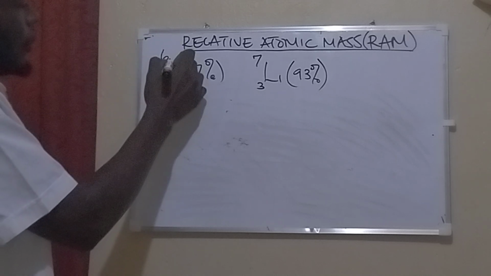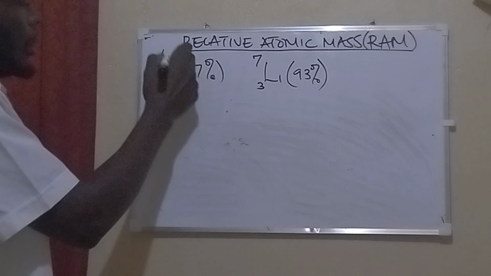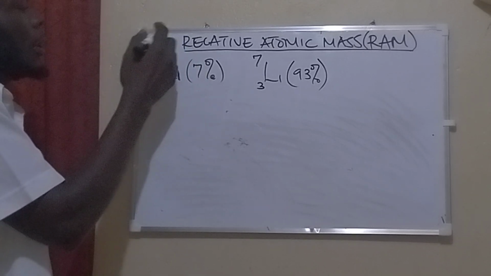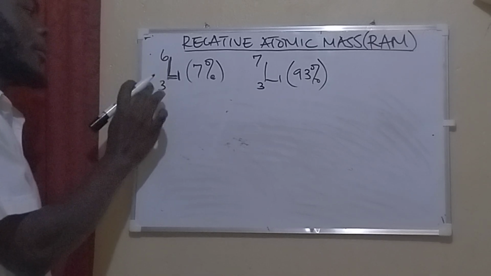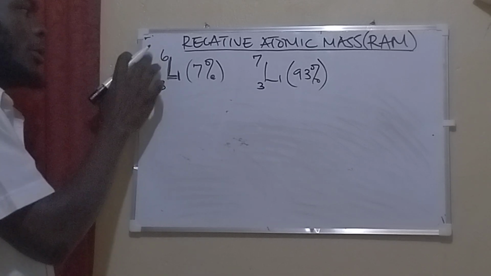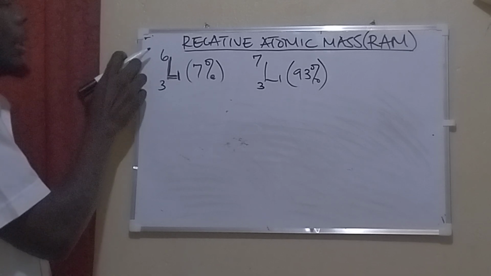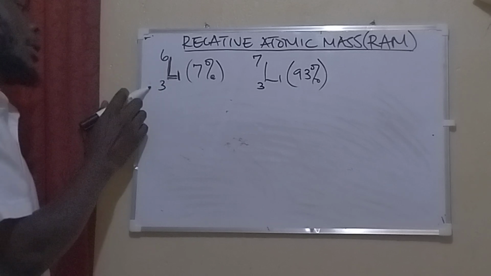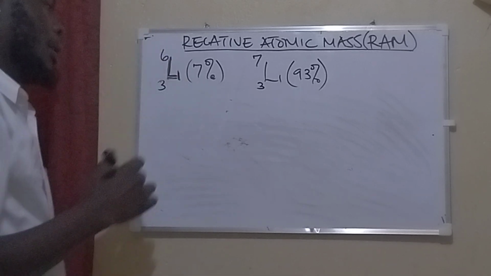So if you have an atom, here we have lithium, the superscript is the mass number, then the subscript is the atomic number. The mass number is the number of protons plus neutrons, and the atomic number is the number of electrons in an atom.